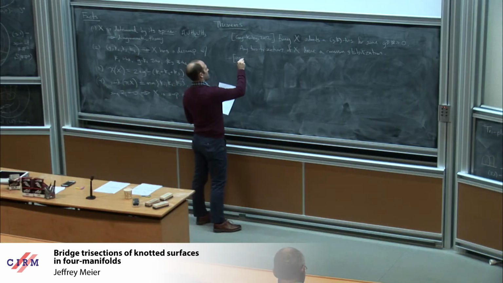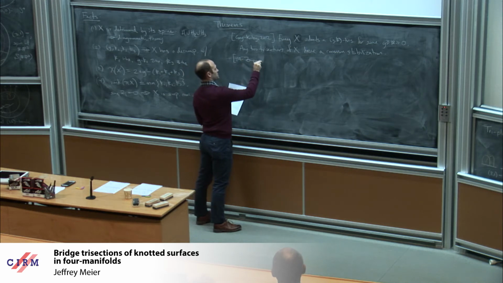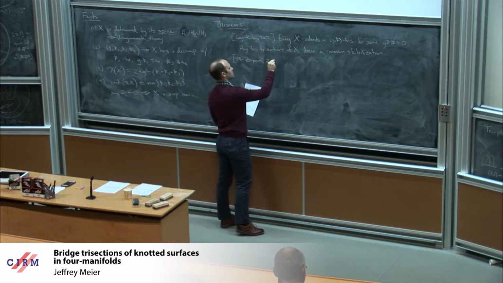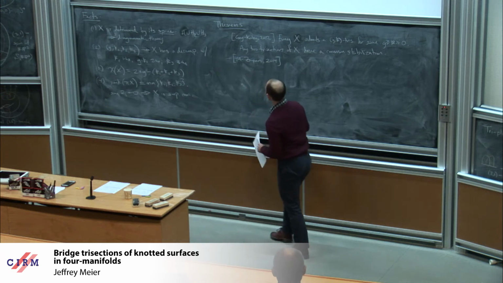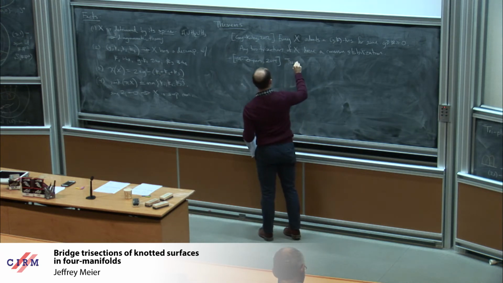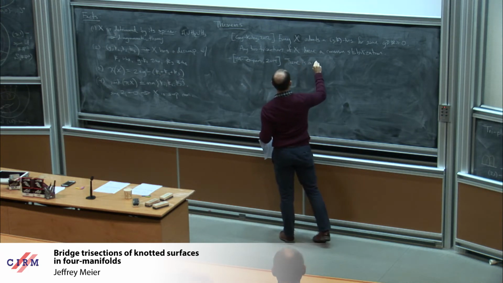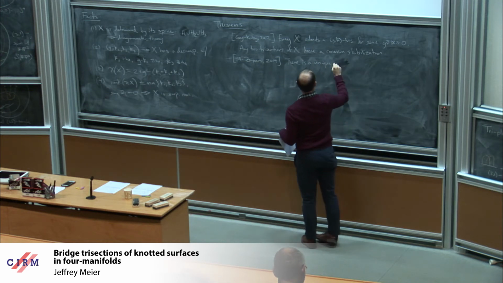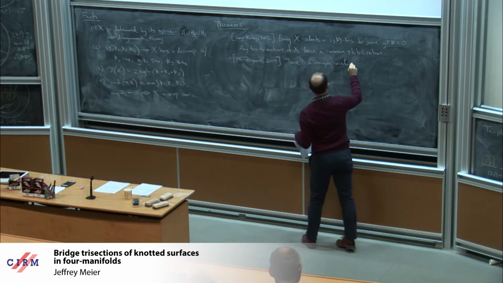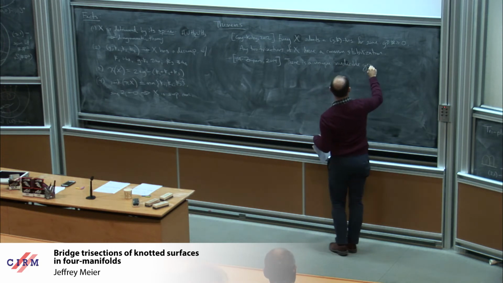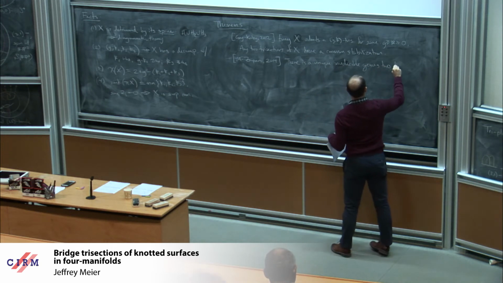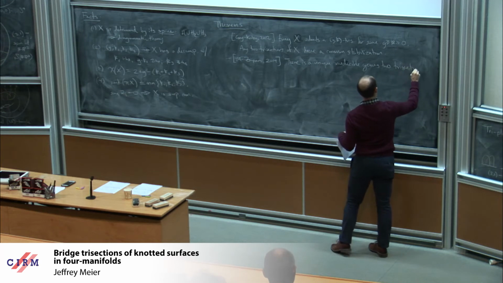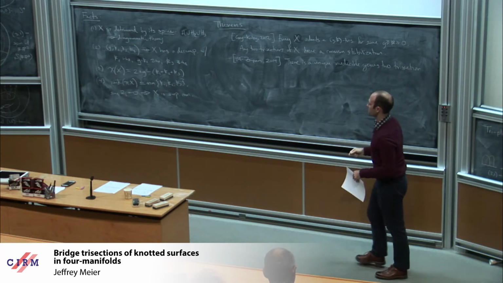All right, so the next result is one by me and Alex, which was a classification result. There is a unique irreducible genus 2 trisection. Okay, what does irreducible mean?